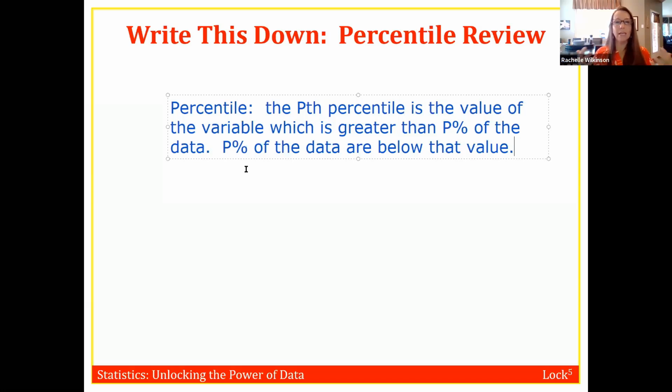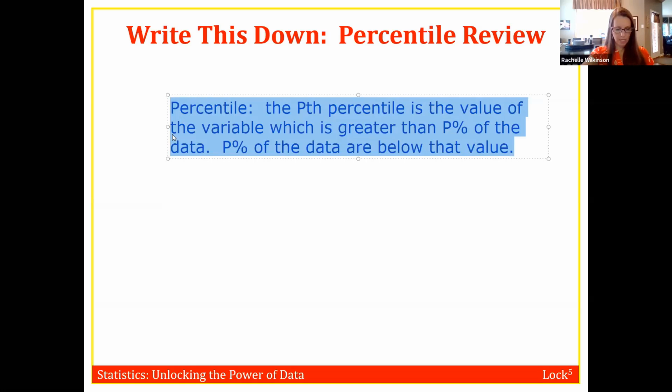Okay, so if you're in the 92nd percentile, then your score 29 would be the 92nd percentile, meaning that 92% of the people scored 29 or lower, and then 8% of the people scored above 29. So the percentile itself is the value of the variable, not the percentage.